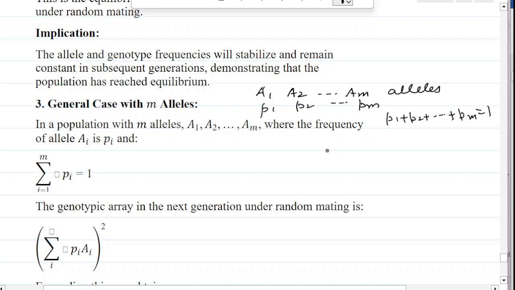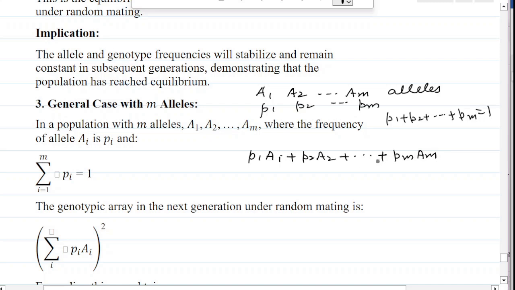The gametic array, or genotypic array you can say, in the initial population will be p1 A1 plus p2 A2 plus so on up to pm Am.